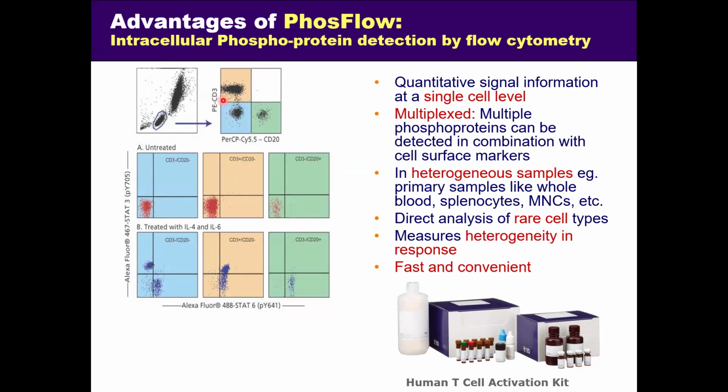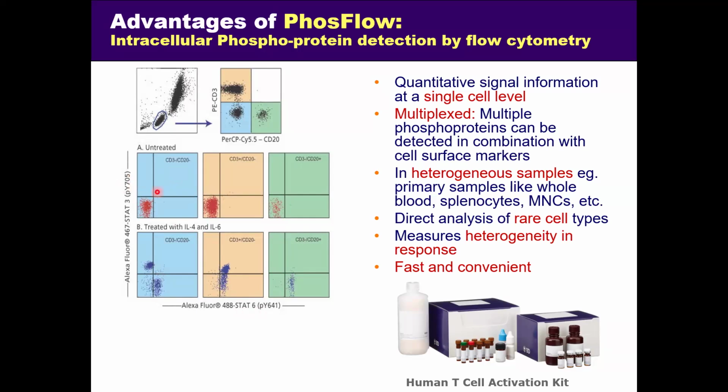Okay, and there is one more beautiful thing in this: you can see in what particular subset the phosphorylation happens. If you see this data, this is your STAT3, and this is your STAT6. These are your CD3 negative, CD20 negative population.